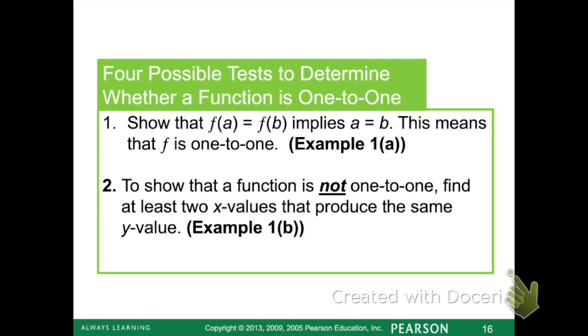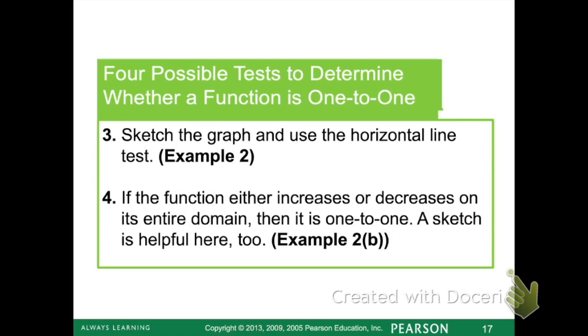In the next part of example 1, so 1b, we used an example to show that our function was not one-to-one. The third test we saw in example 2, where we sketch a graph and use the horizontal line test. And the fourth way that we can determine whether a function is one-to-one is by looking at whether it's increasing or decreasing on the entire domain.